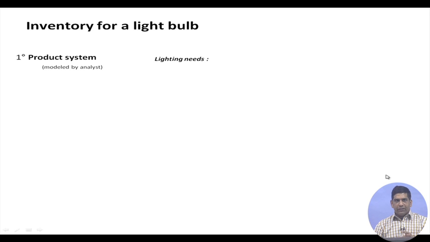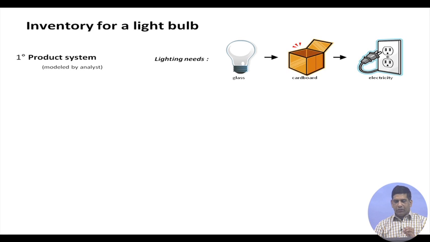So we also looked at, this was the last slide we looked at, we need bulb, cardboard, electricity. For the product system, the functional unit we chose is 700 lumens for 10,000 hours. As I said, you can come up with any of these numbers. It doesn't have to be 700 lumens for 10,000 hours. The reason I took that is because it gives me a nice 1 and 10, 1 bulb for one category and the 10 bulbs for the other category.